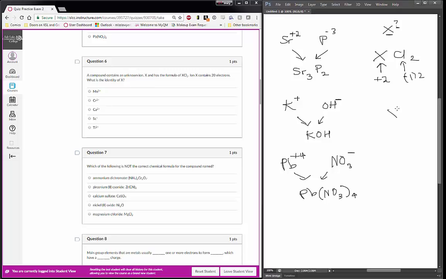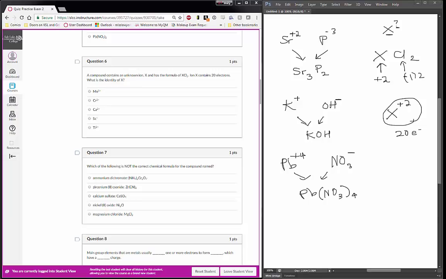So we've already determined that X has a charge of +2, just based on the formula it makes with chlorine. Now we know that this ion contains 20 electrons. So what is the identity of X?